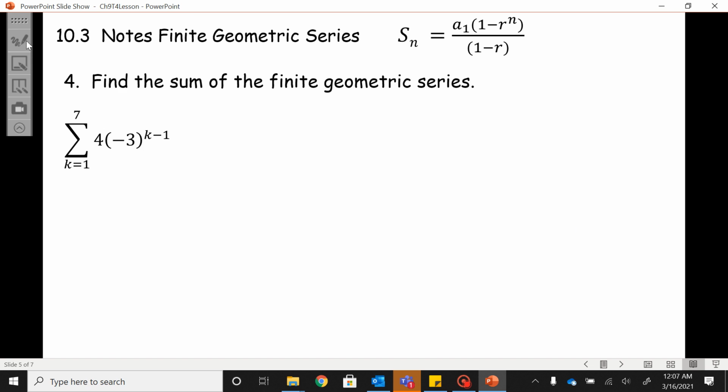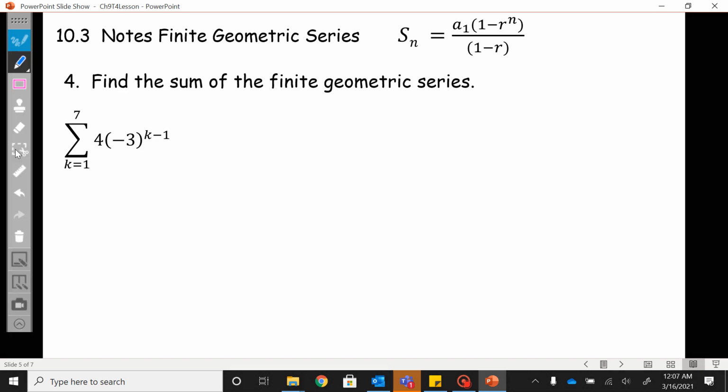You may also, just like the arithmetic series, use summation notation; it is possible for the geometric series to use summation notation as well. In this case, it's the same thing: plugging in 1 determines the first term, plugging in 7 determines the last term.